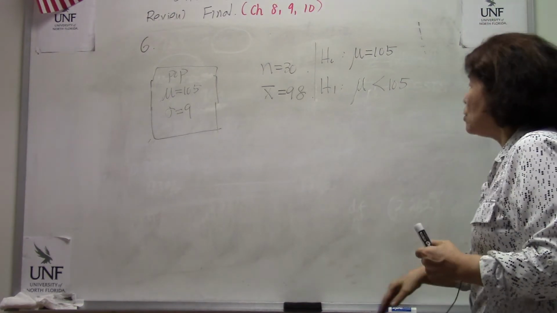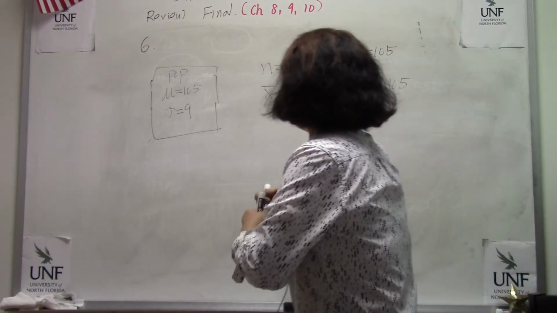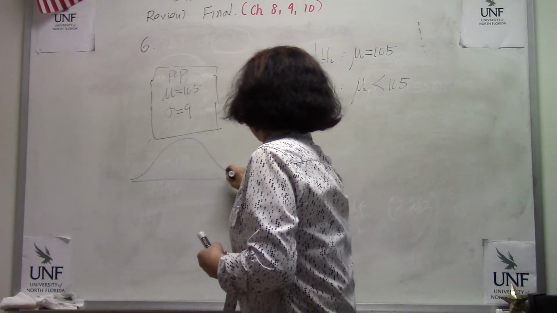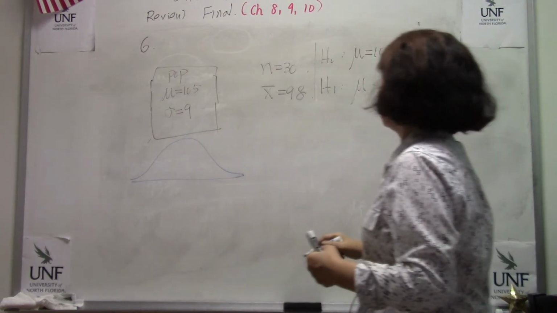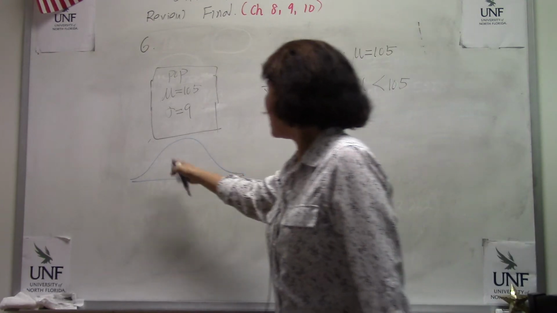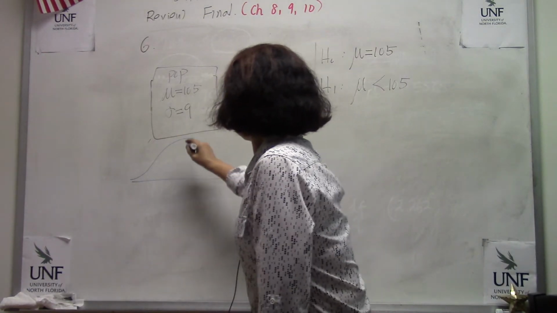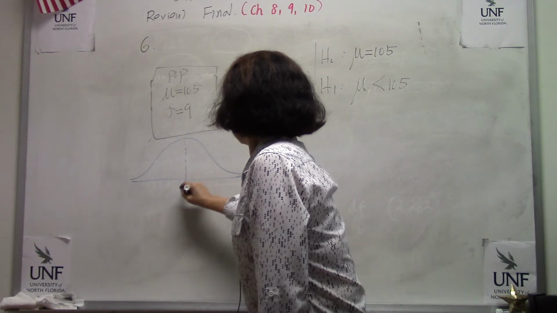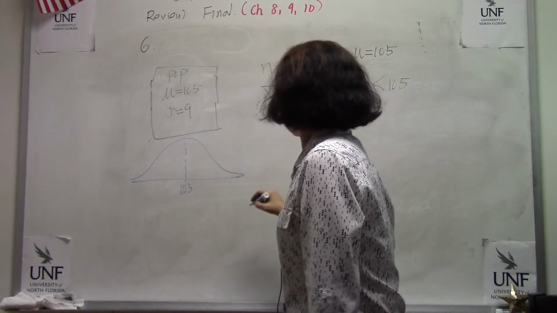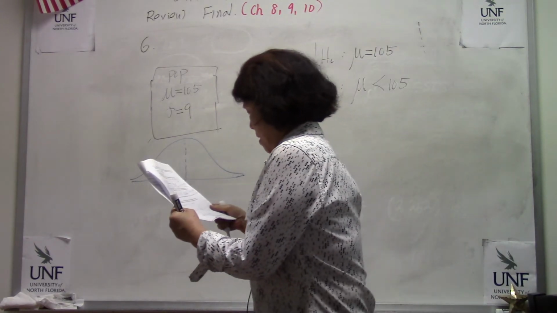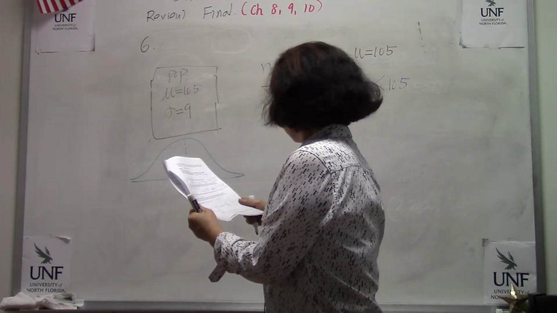It's less than 105. So we are going to set up the rejection area, which is called the critical region. So here is 105, and the test statistic.